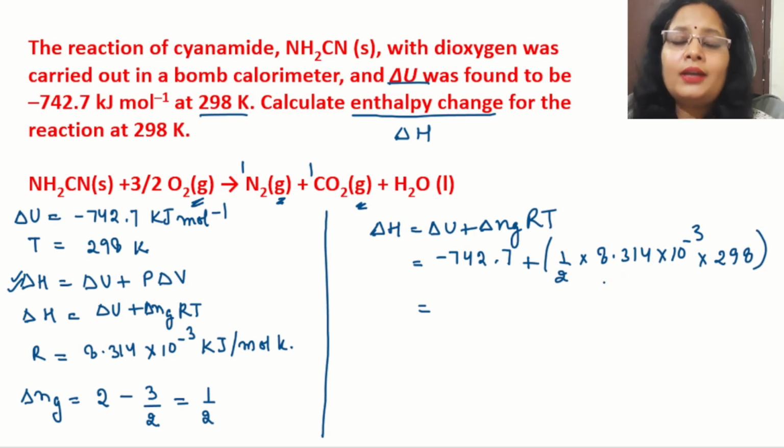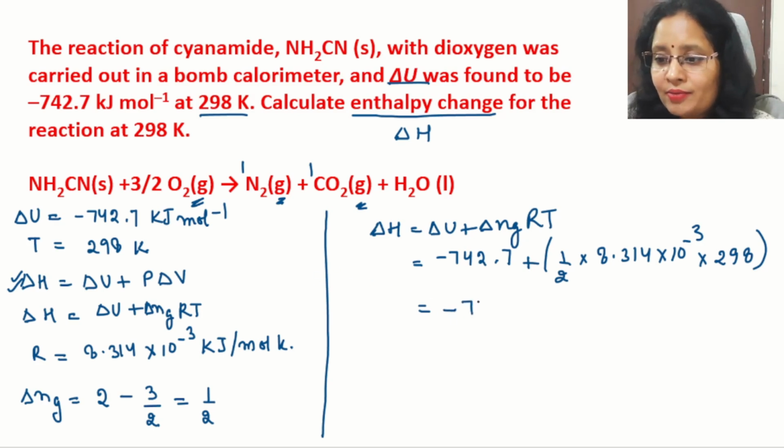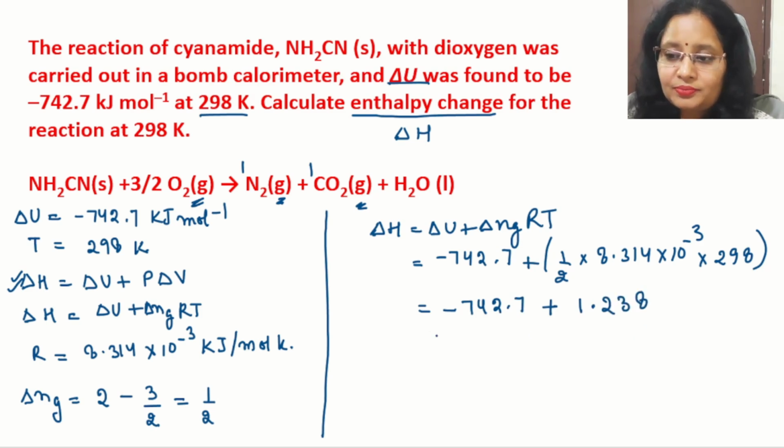Whatever value we get, move the decimal 3 places leftward so that the minus 3 power is removed. Now what we get after this is minus 742.7 plus this value, which is 1.238.